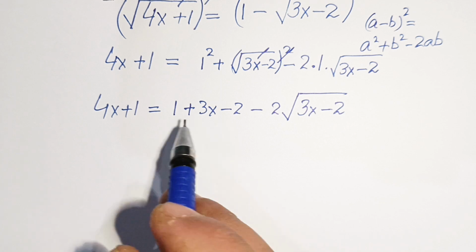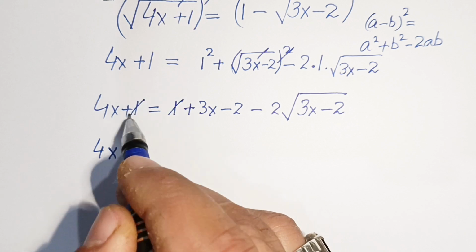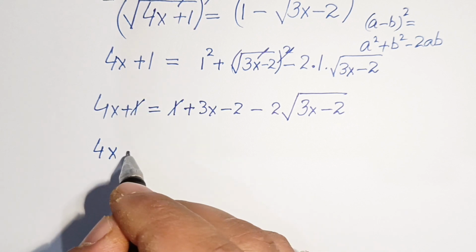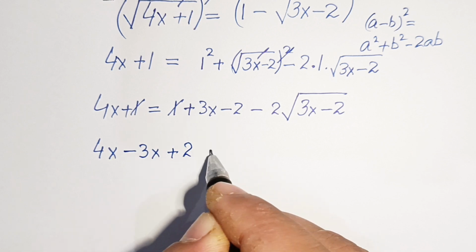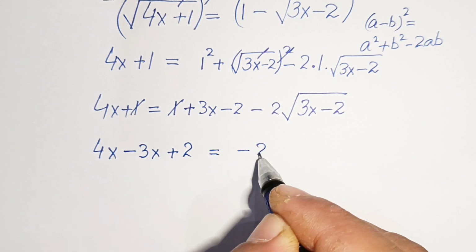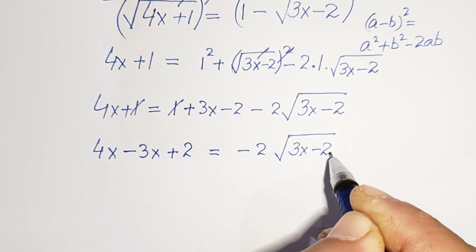Now shifting these terms, we get 4x, cancelling plus 1 with plus 1, this will be minus 3x and here it will be plus 2 is equal to minus 2 times square root of 3x minus 2.